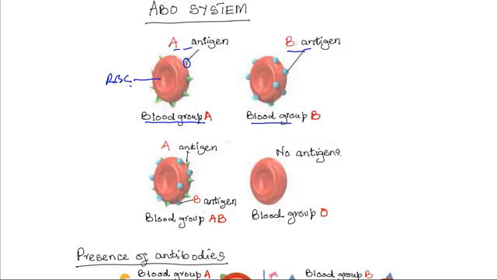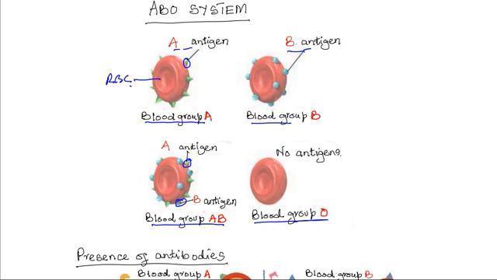So here you have antigen A, B antigen is present, so that group is designated as AB. While those individuals whose red blood cells have neither antigen A nor B are said to belong to group O.